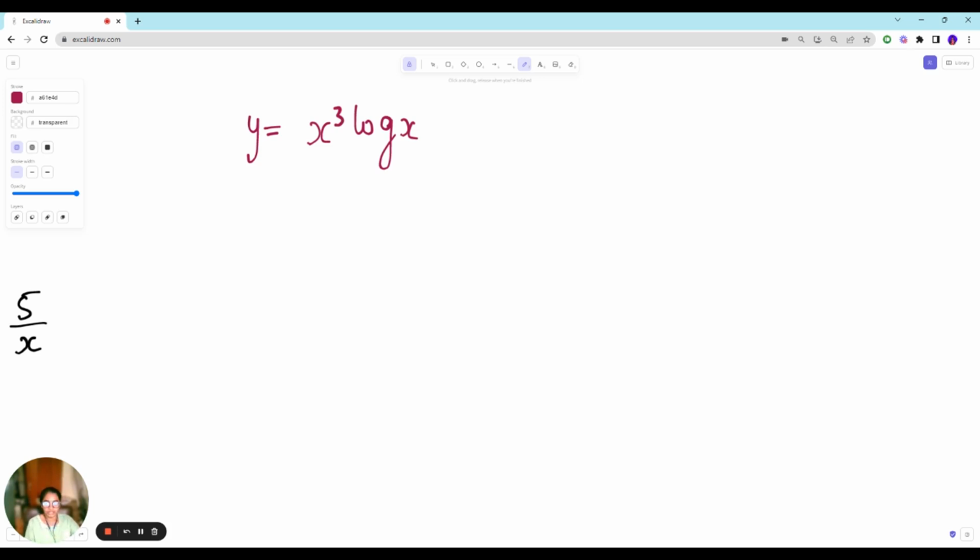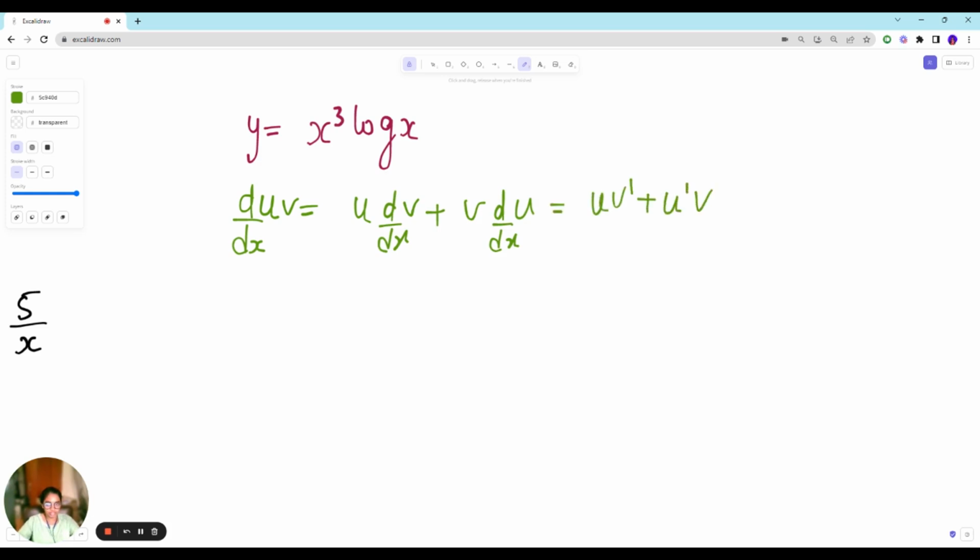Suppose you have to find the derivative of u into v. I can write it as u d by dx of v plus v d by dx of u, or you can also write it as u v dash plus u dash into v.